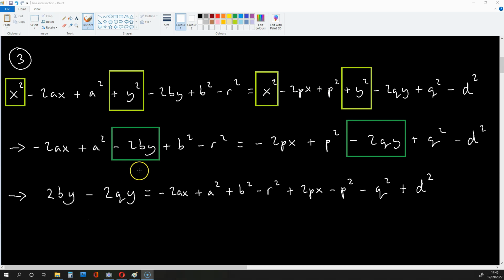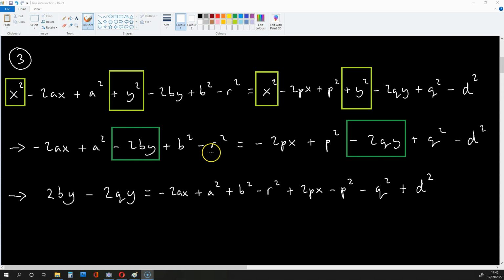Now what we can do from here is send minus 2by to the other side of the equation. So that becomes plus 2by. We then send the other elements on the right hand side, not including minus 2qy, to the left hand side of the equation, okay?